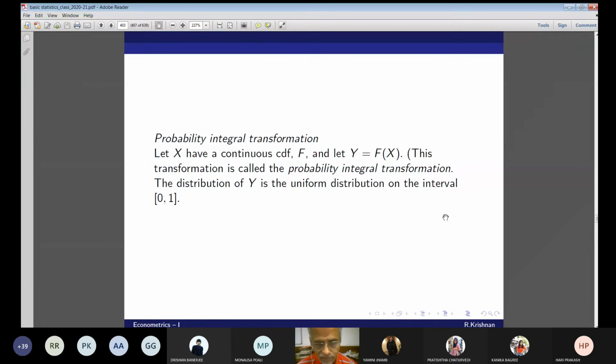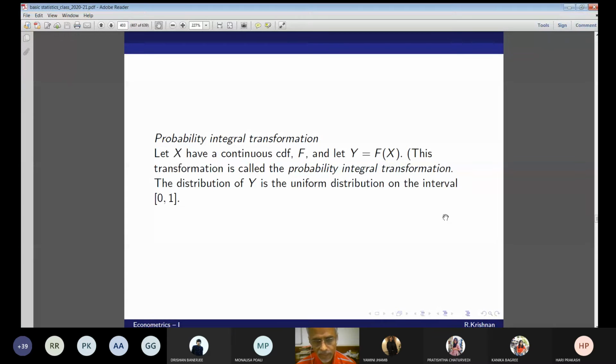What does that mean? So the CDF of X is being transformed. Can we say this? This transformation is called the probability integral transformation.